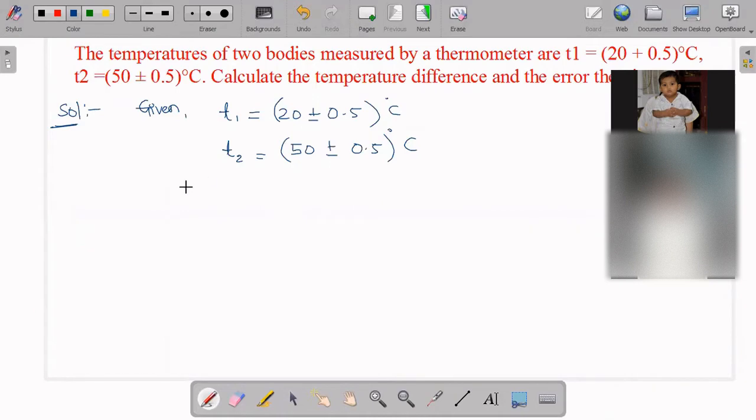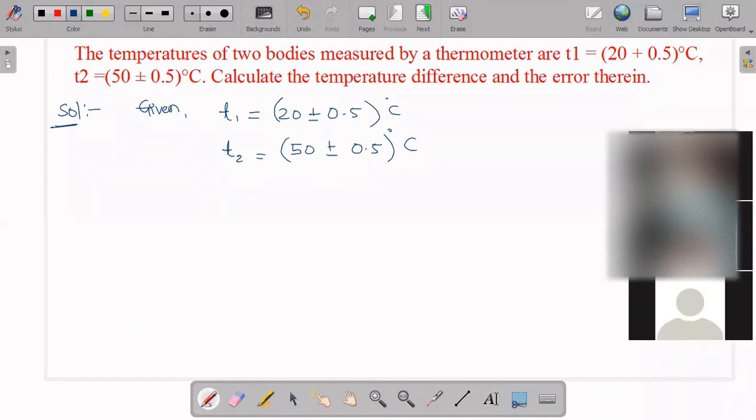Now if we continue, what we want to calculate is the temperature difference and the error in it. So we will calculate it all at once. As T2 is greater, the temperature difference is T2 minus T1.